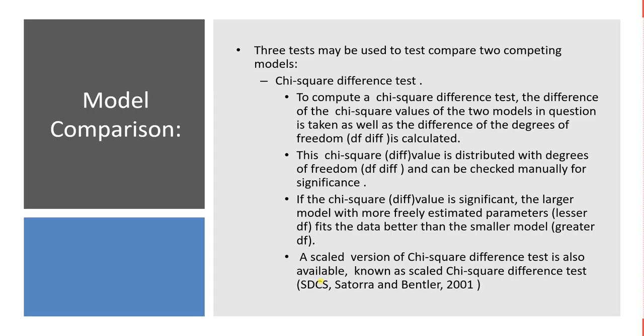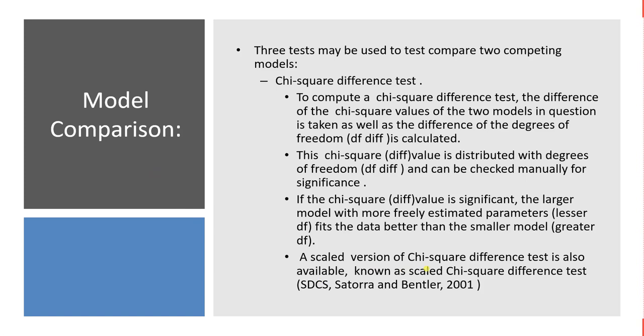Now I am coming towards the end: model comparison, and nested model comparisons. Suppose we have to compare two models, and nested models means the other model is derived from the first model. Then there is one approach called the chi-square difference test. It is very simple. I have written all these steps; you just read them.